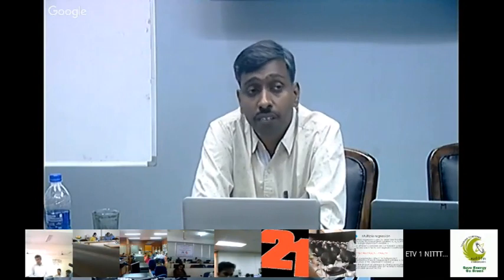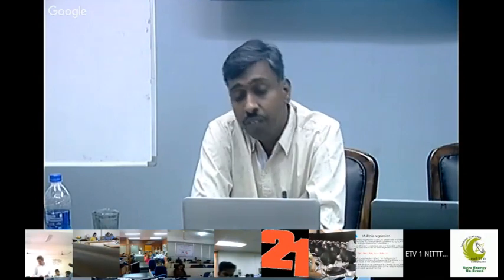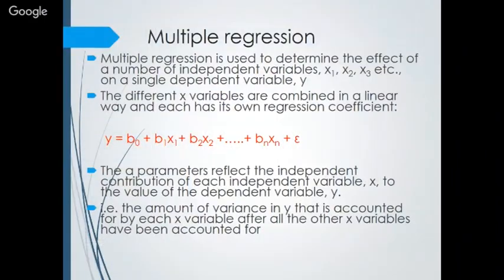One dependent variable y is there, and we are predicting y with the help of more than one independent variable, that is x1, x2, x3. Accordingly, we get a slope for each: b1 is the slope of x1, b2 is the slope of x2, and bn is the slope of xn.